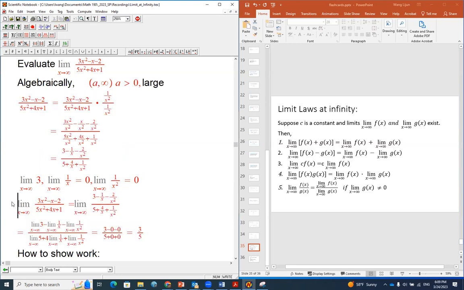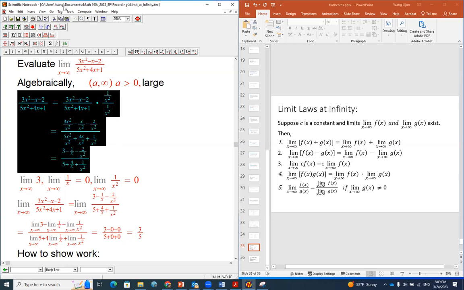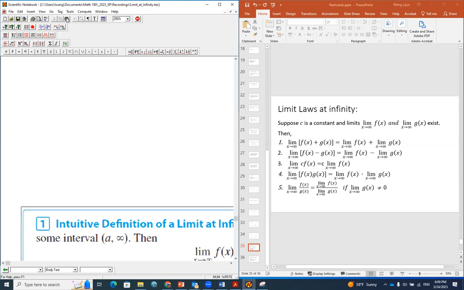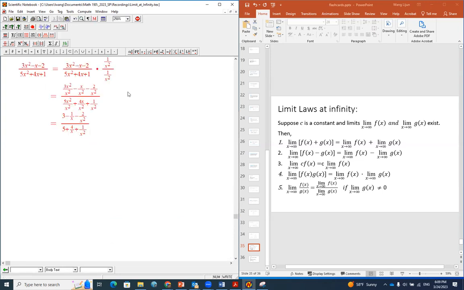So one version you can show your work is that you do the algebraic part, if you have the tendency to forget to write limit. You can go from this step to this step. You can just do it algebraically.